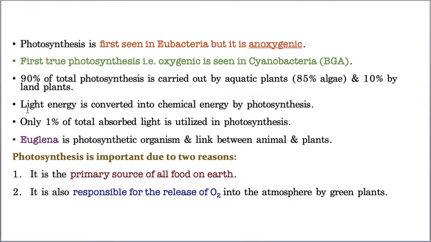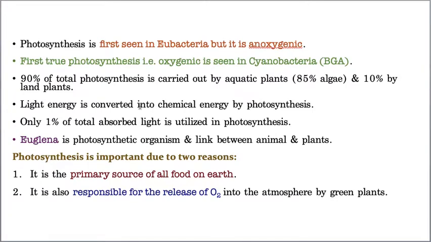Whereas the light energy is converted to chemical energy in photosynthesis. So what is the exact meaning of it? You need to wait. If you don't understand, you need to wait till I complete the light reaction of photosynthesis. Every single detail in one class, that too an introductory class, I can't complete. So if you don't understand this point, please wait.